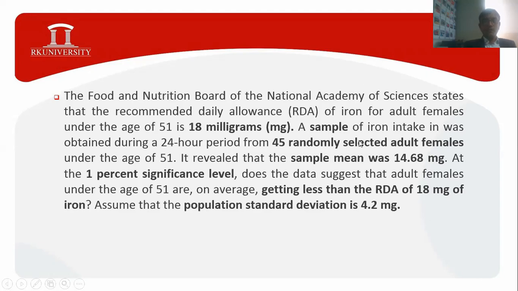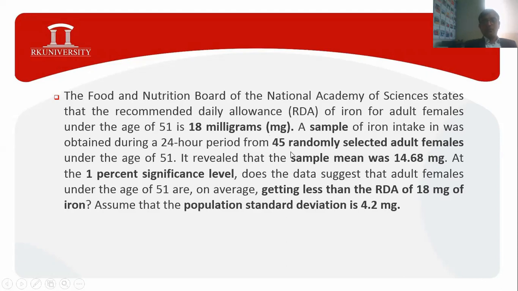From this data set, we can identify that we want to test a null hypothesis that all females under the age of 51 are getting the recommended daily allowance of iron, which equals 18 milligrams, and we want to prove that they are getting less than the recommended daily allowance of 18 milligrams.